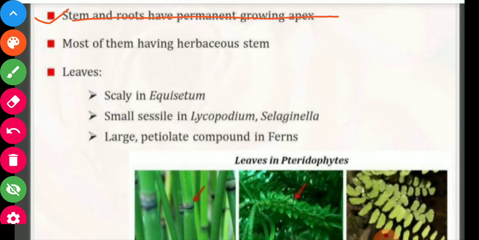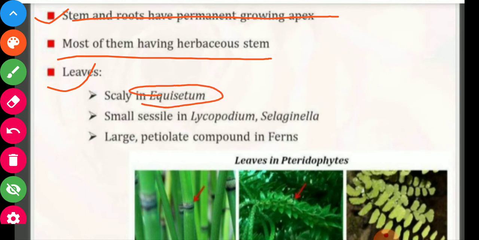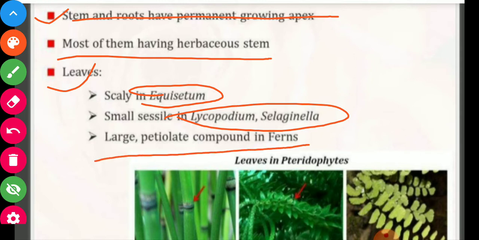Most of them have herbaceous stem. Stem is herbaceous and leaves. They have scaly leaves like in Equisetum, small sessile leaves in Lycopodium and Selaginella, and large petiolate compound leaves, found in fern. So there are three types of leaves: scaly, small and large.